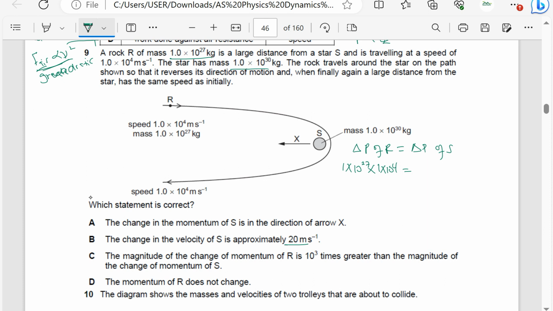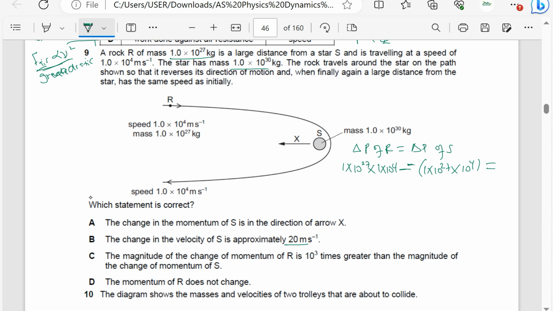I'm going to say minus negative for R, so its new momentum is in the opposite direction, minus negative 1 times 10 power 27 times its speed, which is 10 power 4. That is the change in momentum for R. So this should be called the change in momentum for S.